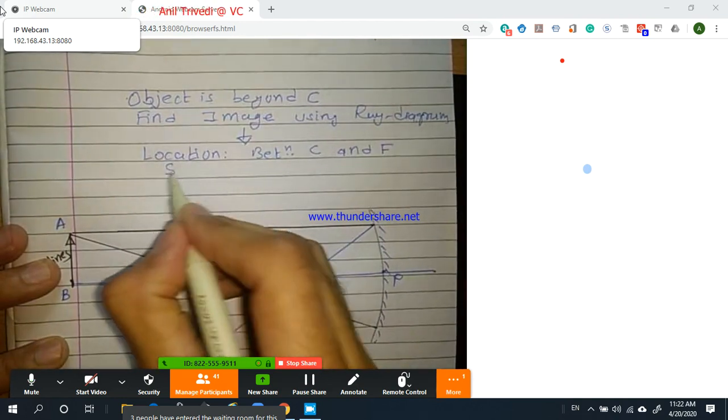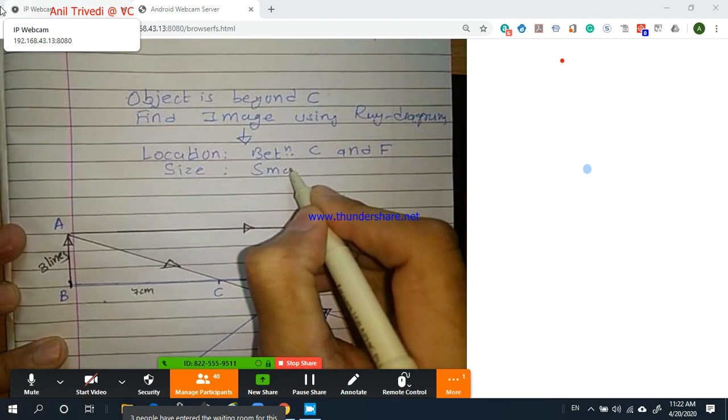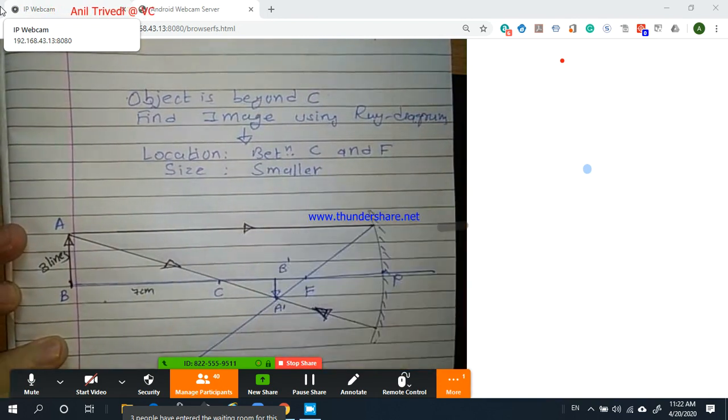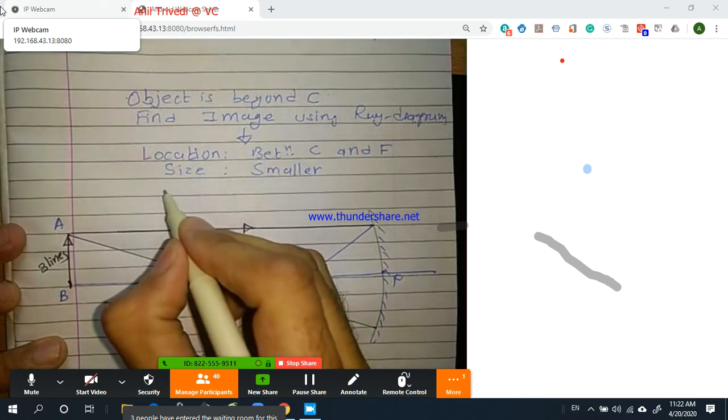What about size? Bigger than or smaller than the object? Smaller than the object. Okay, size is smaller.